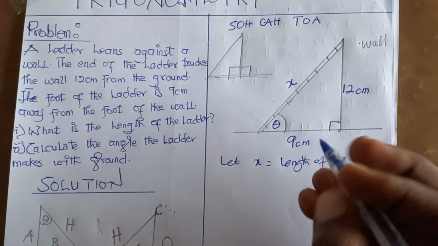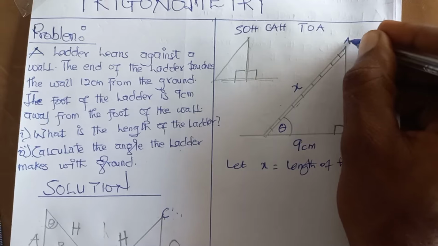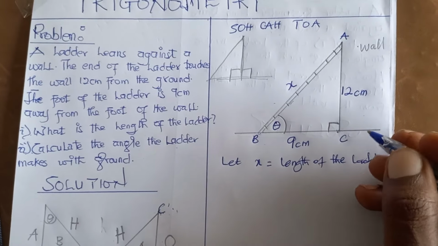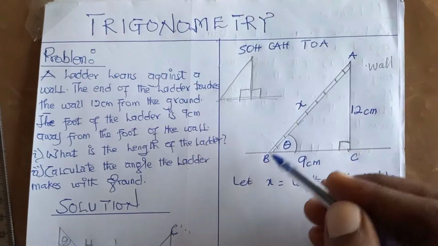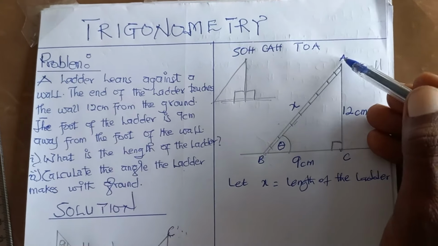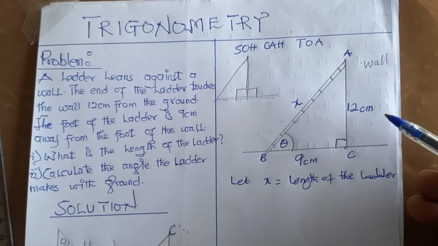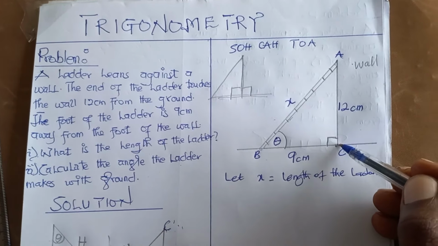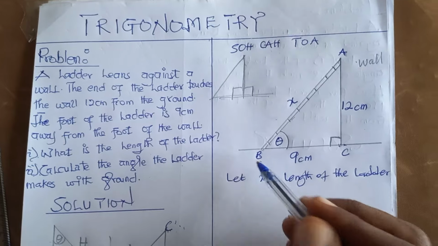Good. Or you can say that this be our A, B, and C. Okay, so moving from A to B is the same as moving from A to C and to B. You see, good.